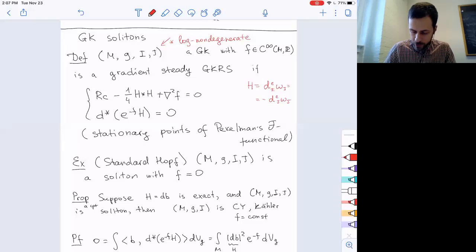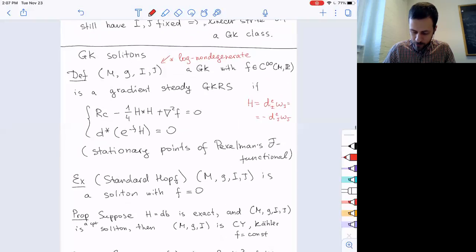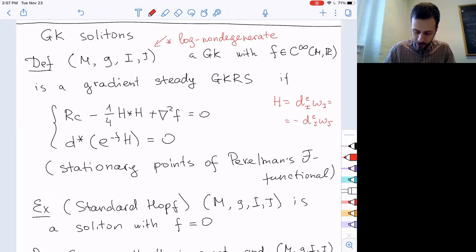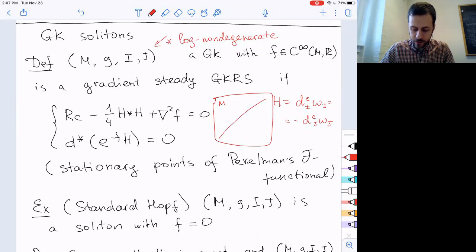Which means that if this is your manifold M, then on this manifold you have two proper analytic subsets. One where I plus J degenerates, and another where I minus J degenerates.